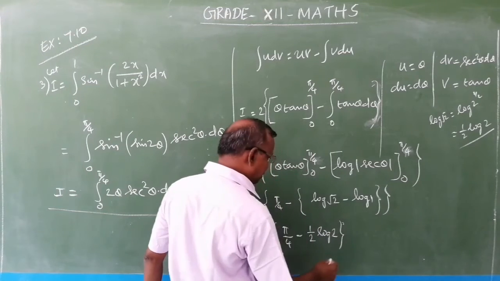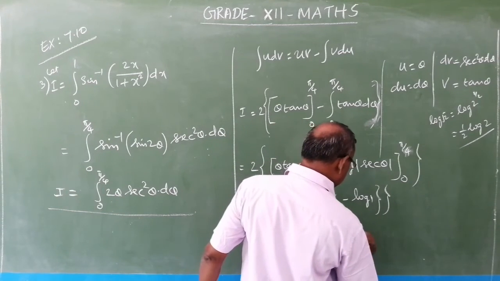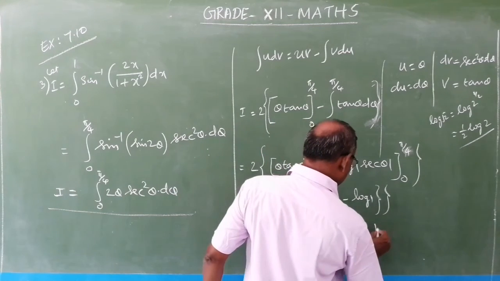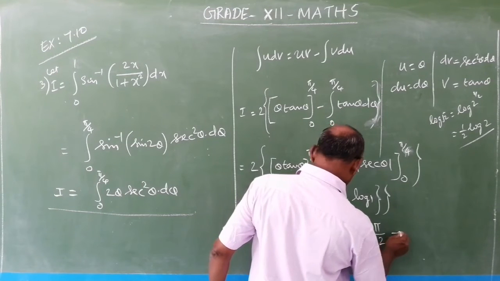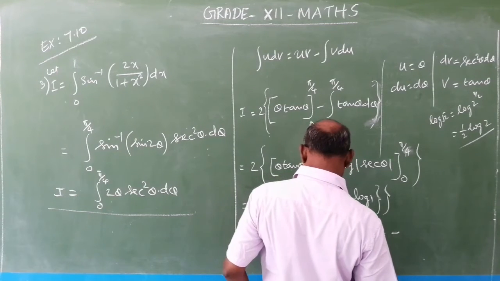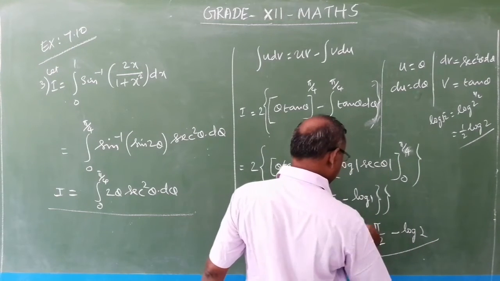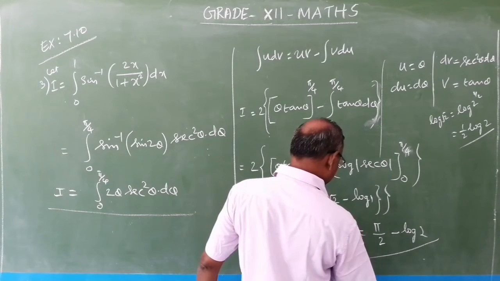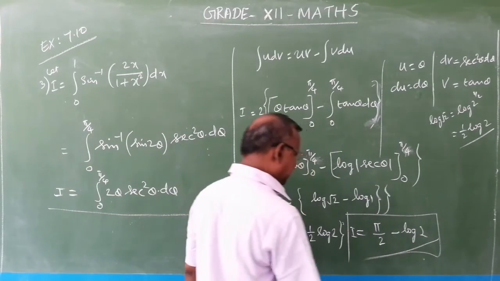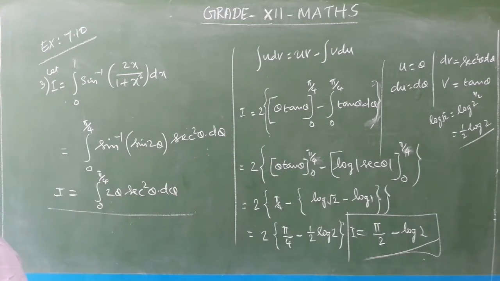So, multiplying by 2 we have pi by 2 minus log 2. So, finally, we have I equal to pi by 2 minus log 2. So, this is the answer.